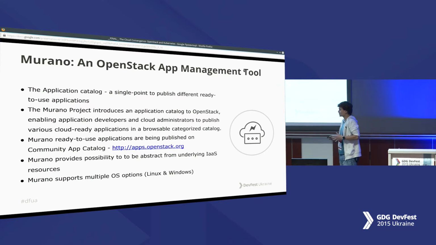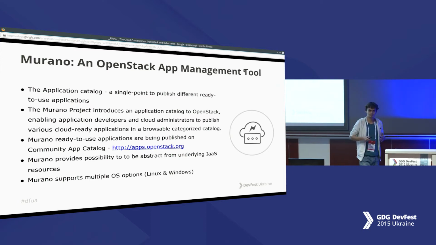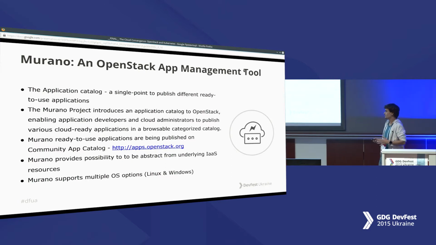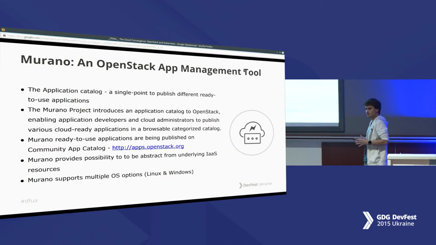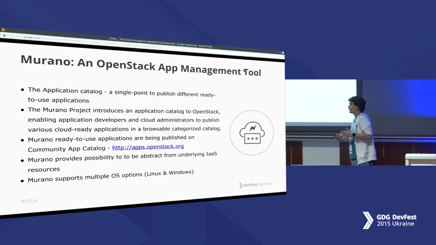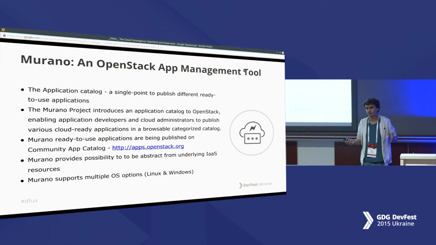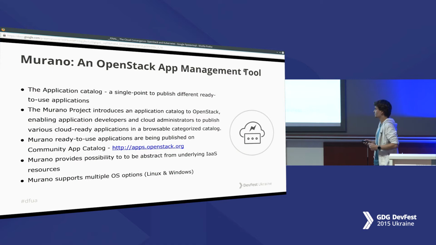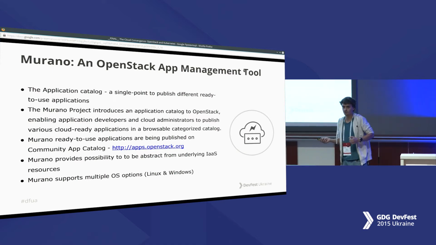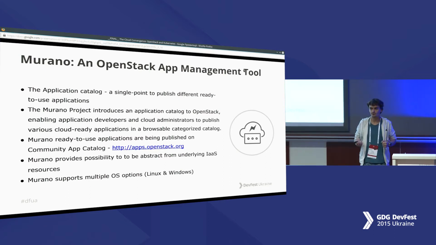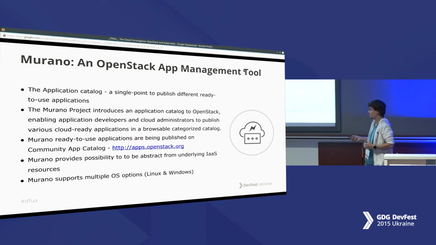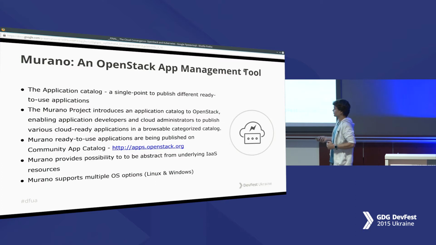Also, Murano supports different OS options, so you may use either Linux-based applications or Windows-based. But in fact, at the current moment, only Linux-based applications are released in the catalog, but Windows as a host machine for loading these applications is also available, Windows images.